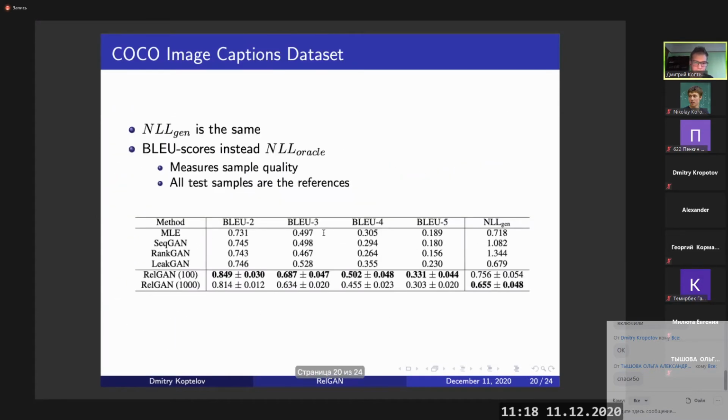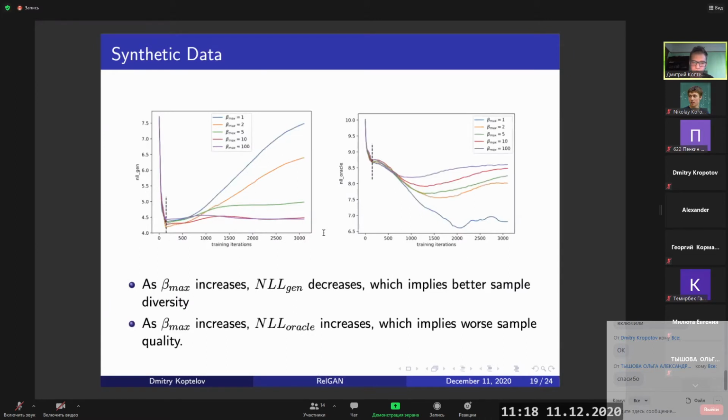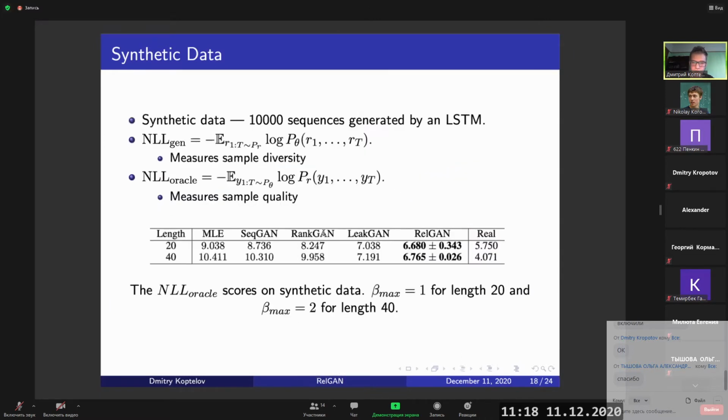Okay, and they also tested on a real dataset, the captions dataset, and we can't use an oracle because we don't have access to the generative network.